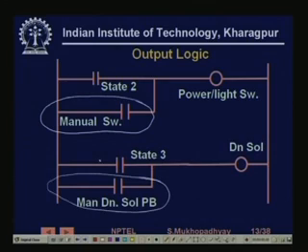Similarly, we can have a manual down push button. This is just to demonstrate that you can put additional logic to include manual operation of the system. Otherwise this program simply says that while you are in state 3, the down solenoid will have to be activated. Very simple.